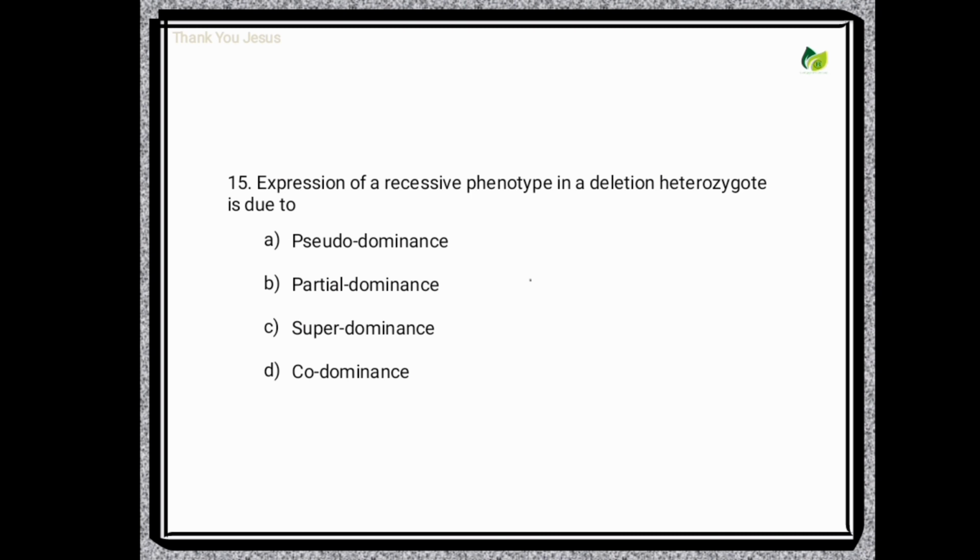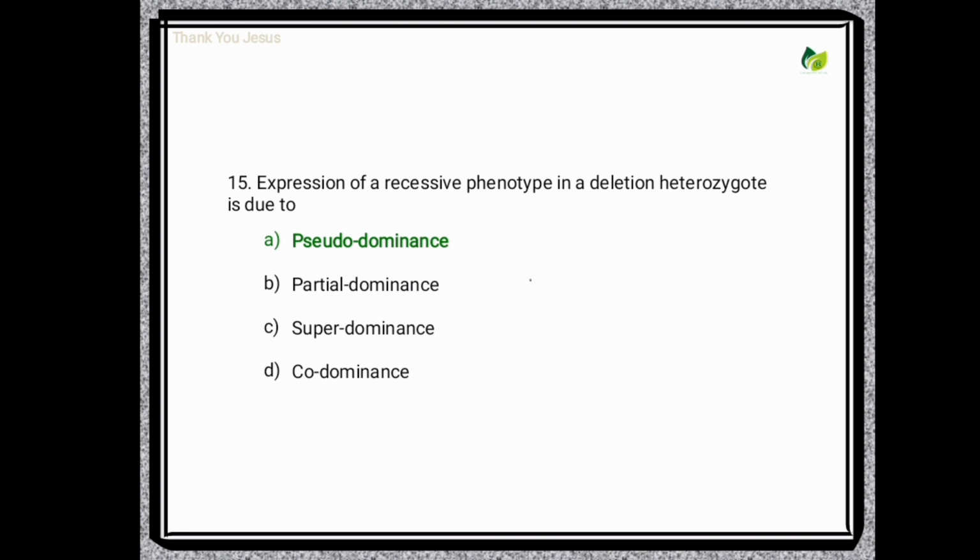Expression of a recessive phenotype in a deletion heterozygote is due to. Options are pseudodominance, partial dominance, superdominance, codominance. The correct answer is pseudodominance. Okay, so the sudden appearance of a recessive phenotype in a progeny is actually due to deletion of a dominant gene.